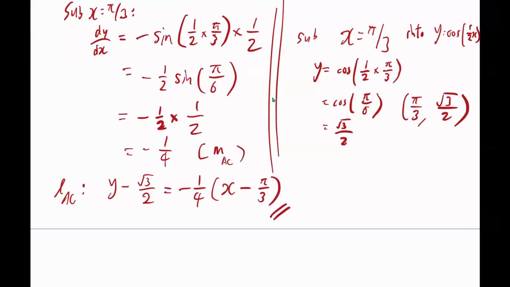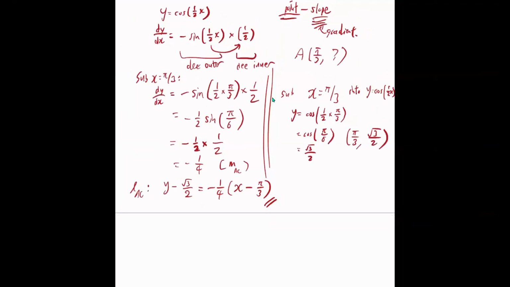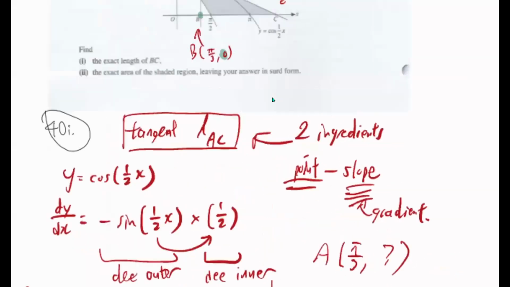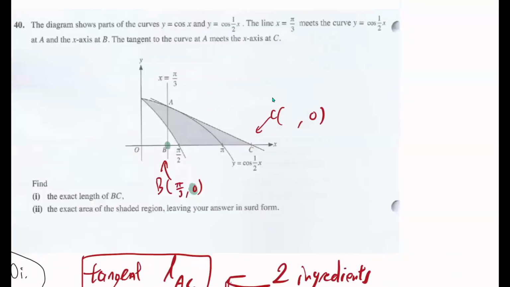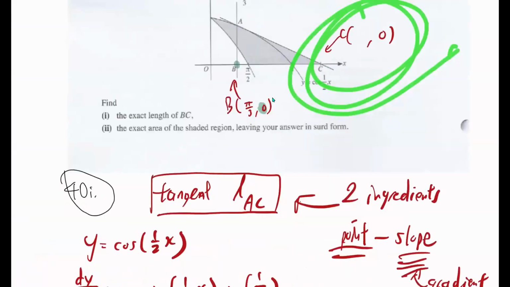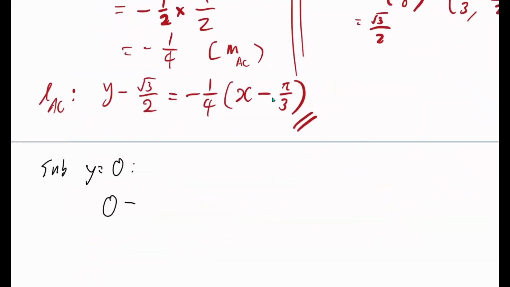Okay so far? With the point-slope formula, we obtain the equation of the line LAC. But we need the point C. So how? Sub in y equals 0. Very good. So over here, we sub y equal to 0, and then we are able to solve for C. So 0 minus root 3 over 2 equals negative 1/4 times x minus pi over 3.